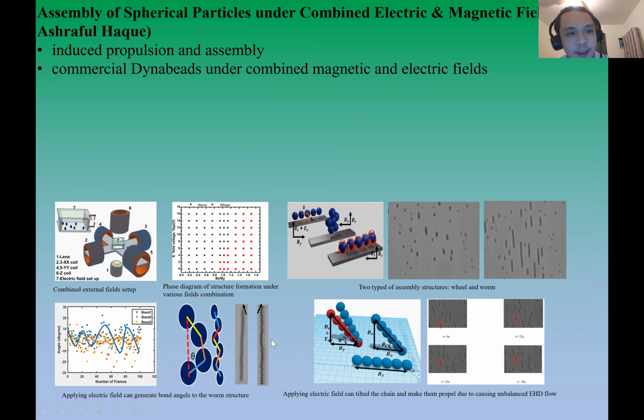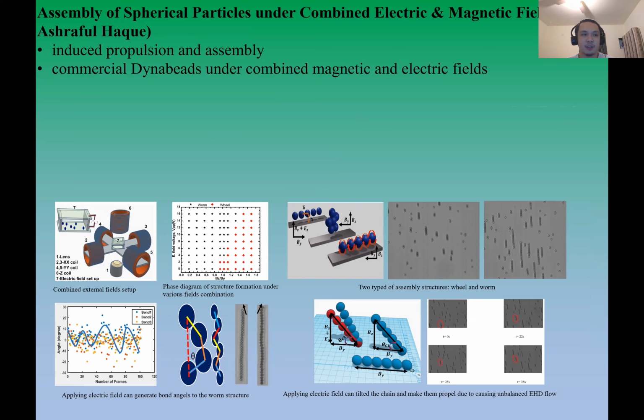Also, when we apply a z direction magnetic field, we can tilt it, so it is not only lying down on the parallel surface in our view. From this research we can see that the electric field can introduce dipole repulsion between the particles, and the magnetic field can introduce anisotropic attraction between the spherical magnetic particles.